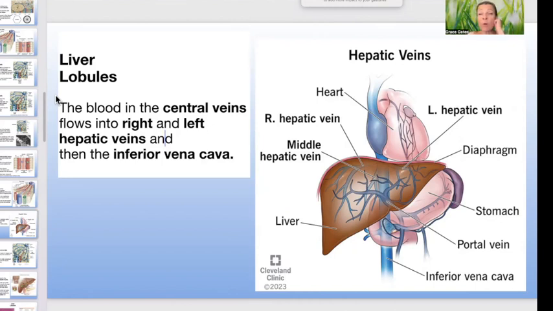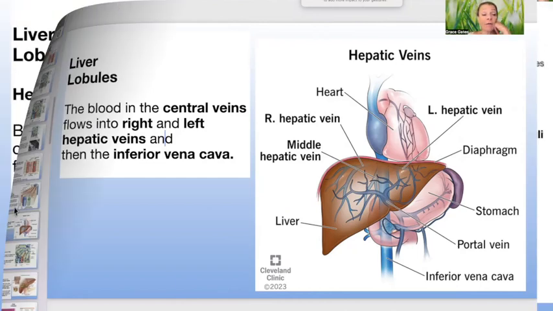So the word portal is the distinguishing word. The hepatic portal vein brings blood from the intestines into the liver, and then the hepatic veins collect up all of the blood and bring it to the inferior vena cava.